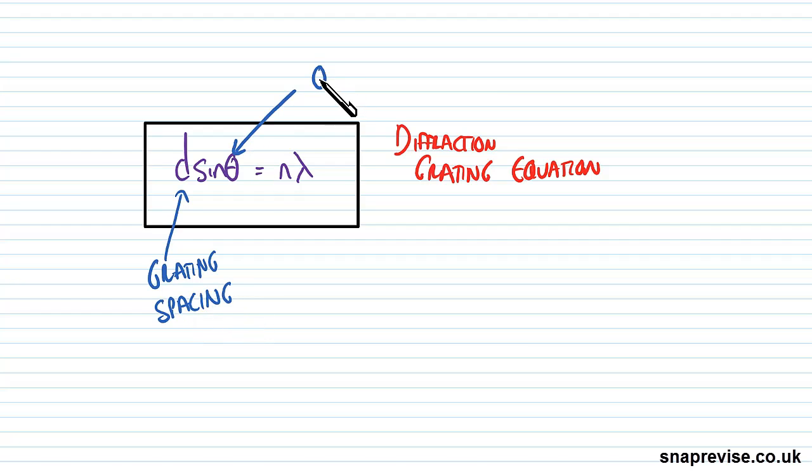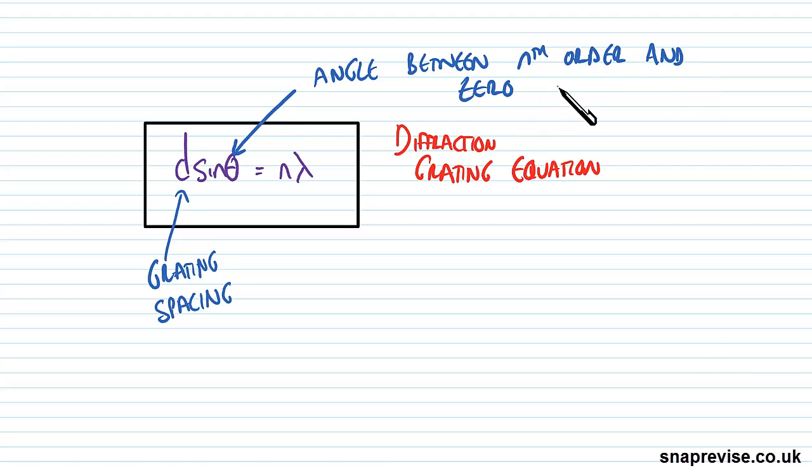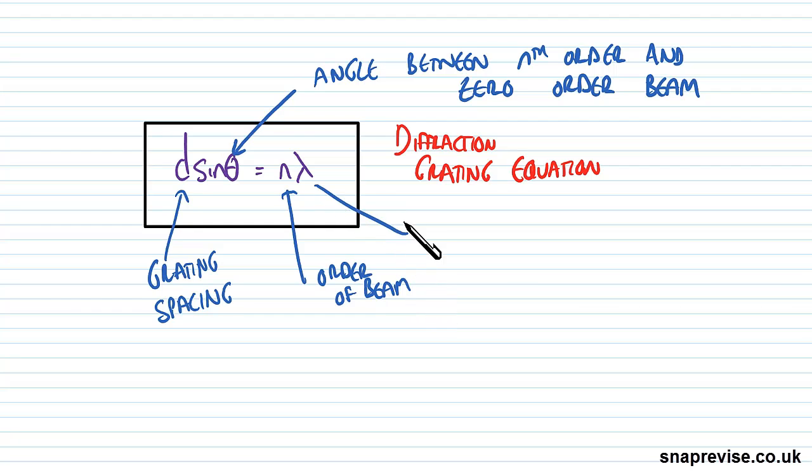Theta is the angle between the nth order and zero order beam, that is to say the direction of travel of the two. n is the order of the beam, and lambda is the wavelength.